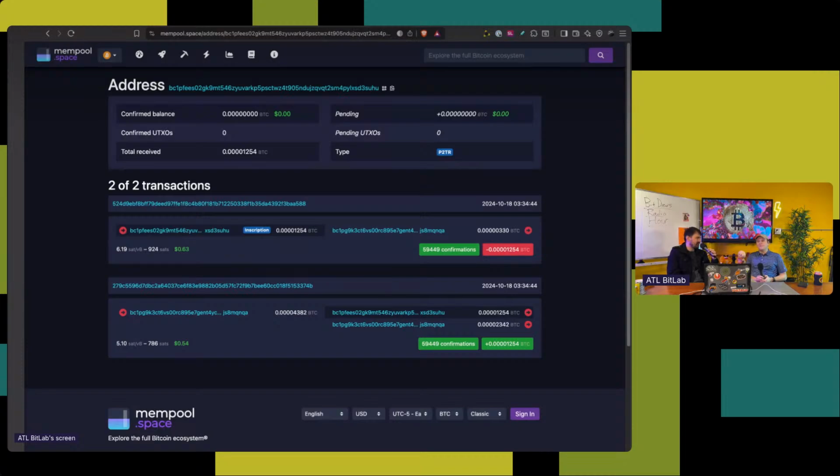You can't make a pay to anchor output pay to a V2 transaction. It's consensus valid, but it's not mempool policy valid. So if you're a node that supports V3, you see a transaction that tries to take a pay to anchor output and spend it to a V2 transaction, you don't relay it. If you see a pay to anchor output that's spending to a V3 transaction, you do relay it.